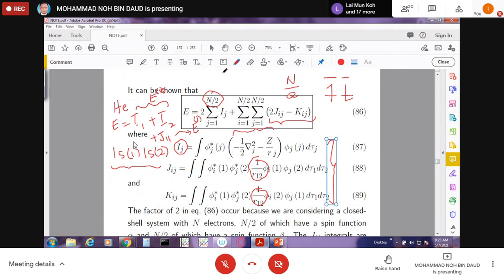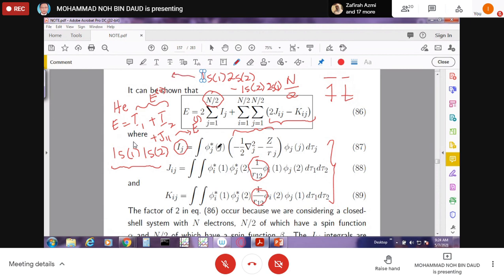So if we consider the excited state configuration like this one, this is not the correct one with two electrons here, because they are identical, you must have a combination of these.